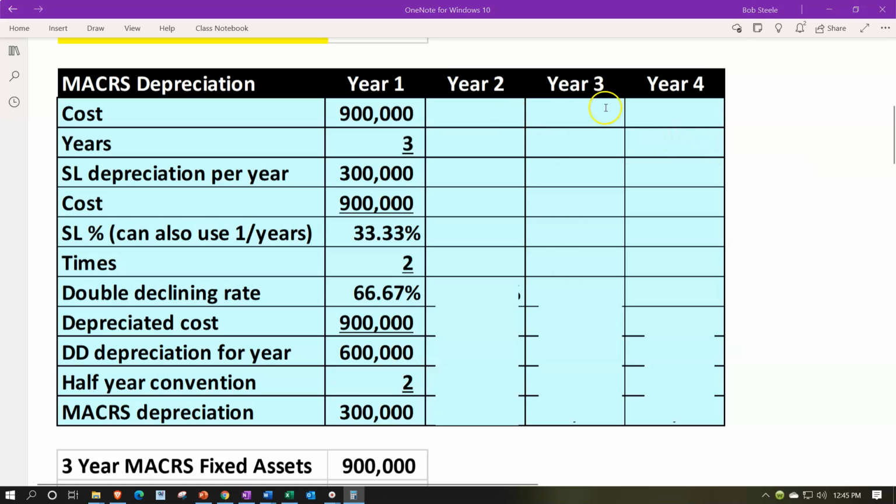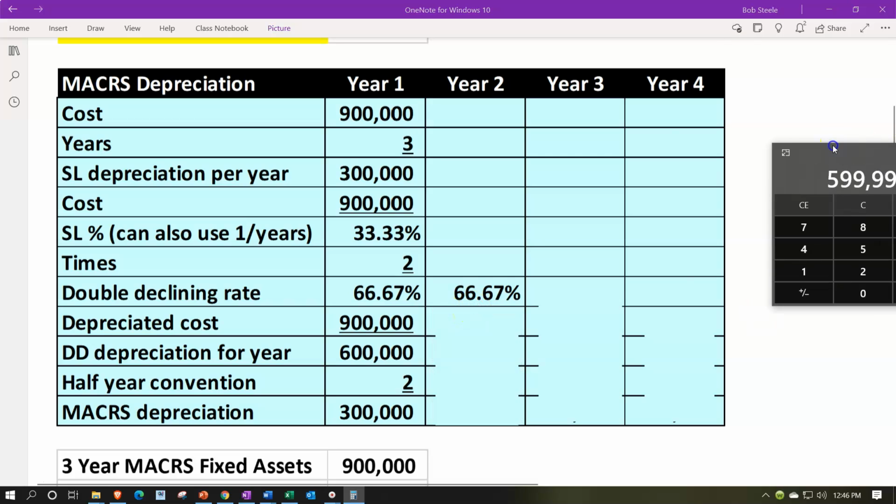Also note that we're basically going to have 4 years here because we're assuming we purchased this in the middle of the year. So we've got 2 whole years and kind of like 2 half years. Although year 4 will be calculated a little bit differently because it's kind of like a plug for the double declining balance. So if we then continue that on for year 2, we're going to keep this 66.67. That's the double declining rate.